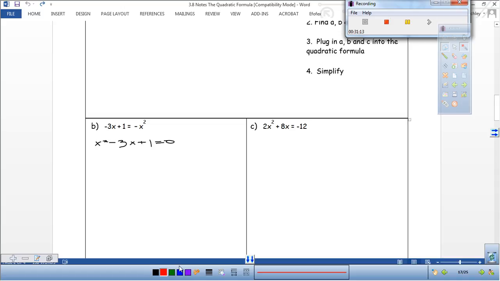Ruby, what's the a value here? Very good. The number in front of x squared is 1. Cindy, what's the b value? b equals, make sure you're putting negative 3. Justin, what is the c value then?